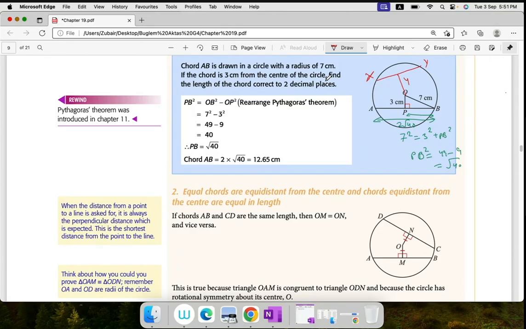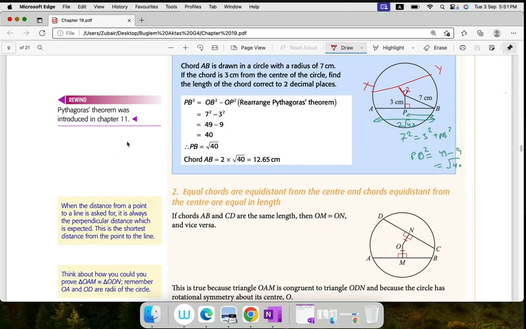So if I don't write that 4 and I write that this is 2, so what would be XY, longer or shorter? If the distance from O is 2, then the length XY will be longer than AB.